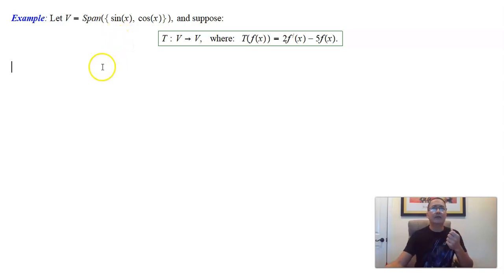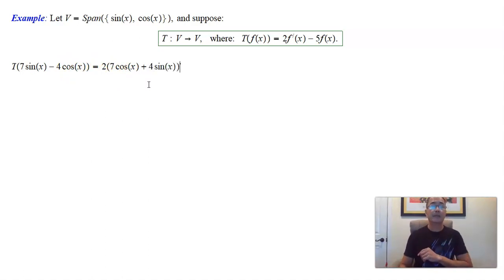All right. So, for example, what is T of a linear combination? Let's make a linear combination. How about 7 sine of x minus 4 times cosine of x? So according to this definition, you take twice the derivative. So 7 sine becomes 7 cosine, and minus 4 cosine becomes plus 4 sine of x, correct?